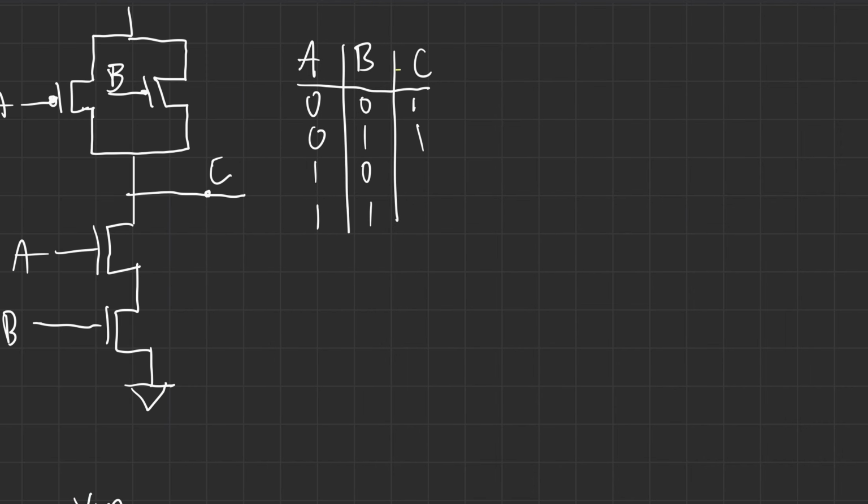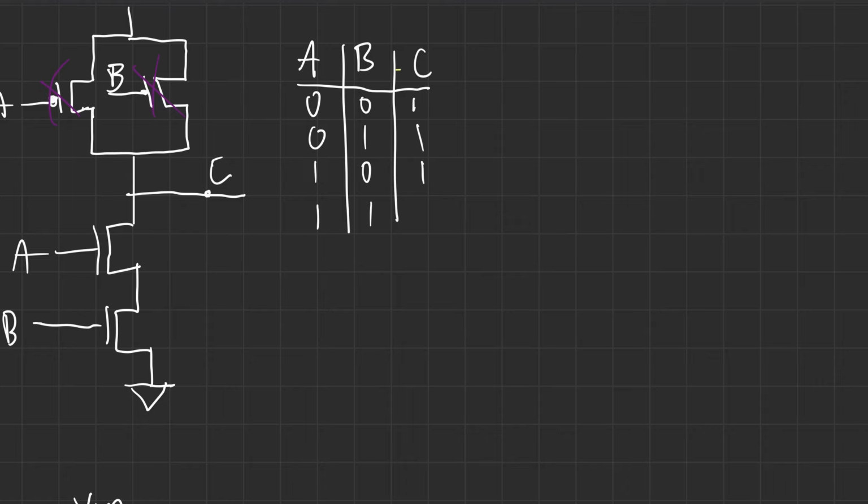But we deduced here that this is 1. But now let's get to a very interesting case. What happens when A and B are 1? So for the PMOS here up top, when they're both 1, they're both going to be blocked, because PMOS does the opposite of what you want.